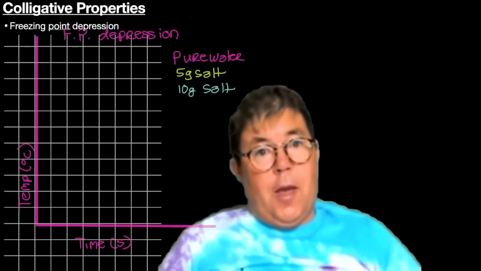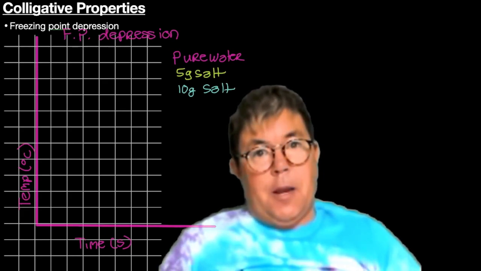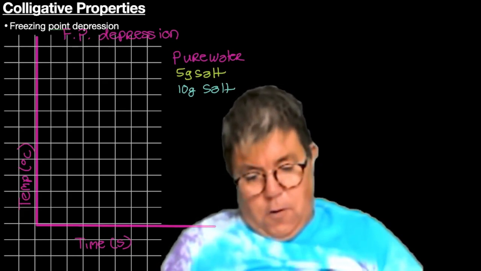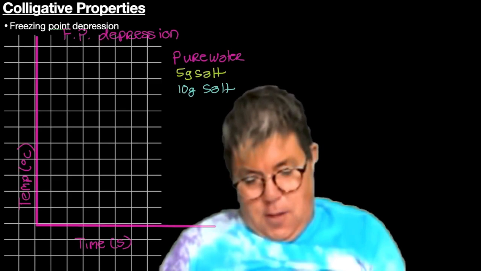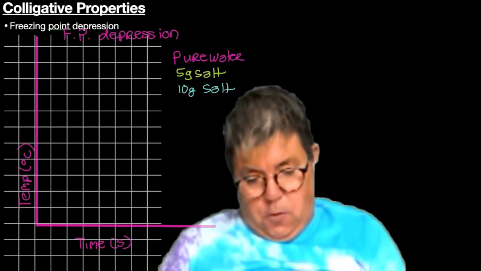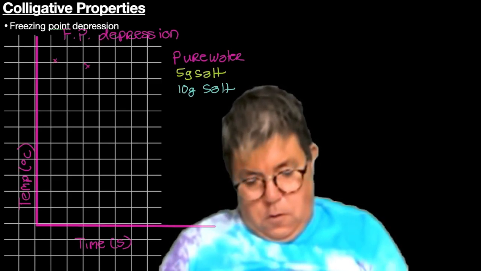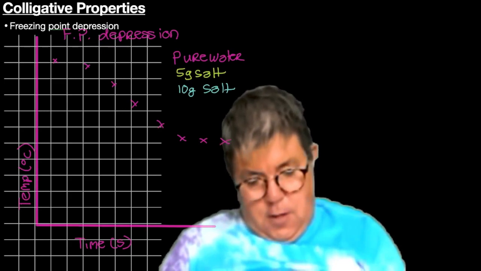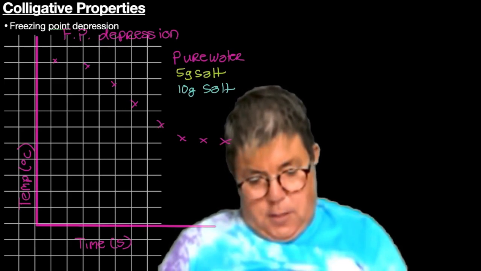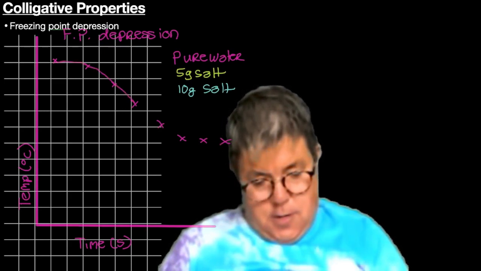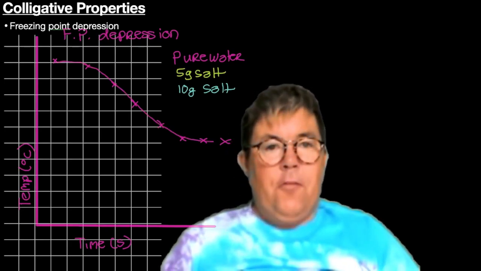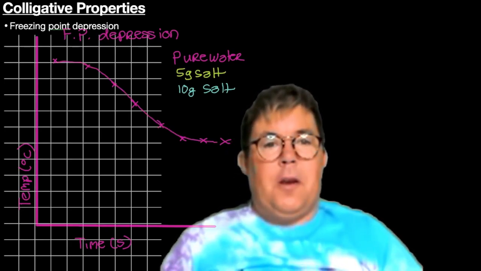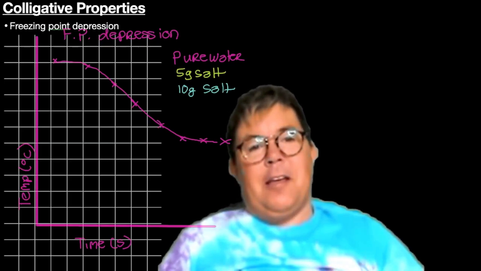I am not going to actually plot real data, but I'm going to give you an idea roughly of what you will see. So if we have something with pure water, for example, we may have something that looks like this one. Again, we want to connect the points of the graph. And oh, I went a little bit off the graph. I apologize.